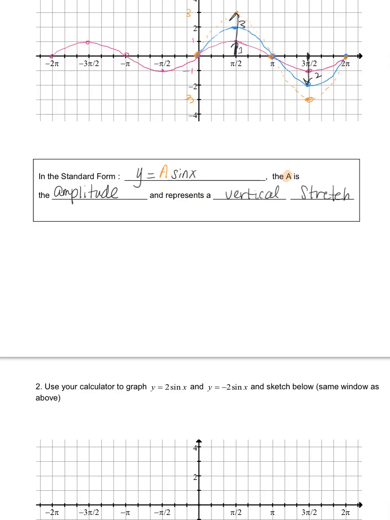I'm going to add a little bit to this because I kind of like the definition that I found in the book. So it describes the height of the graph above and below the midline.